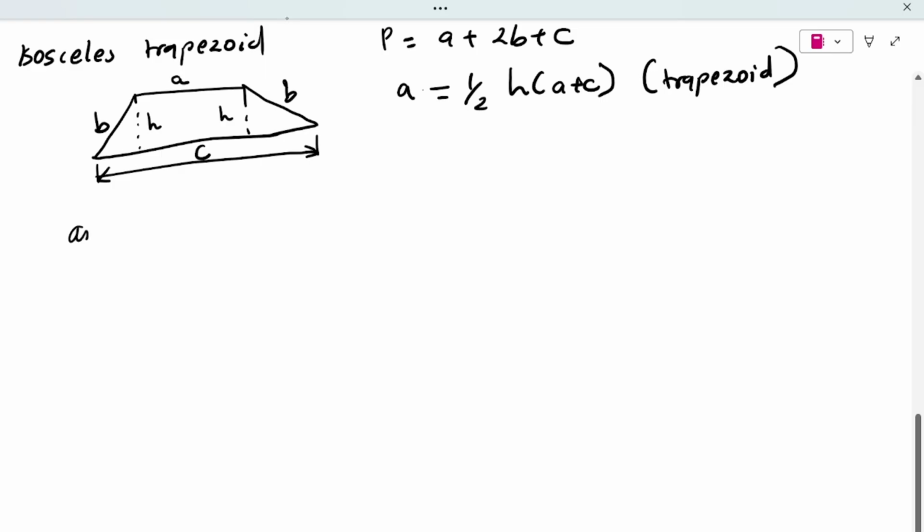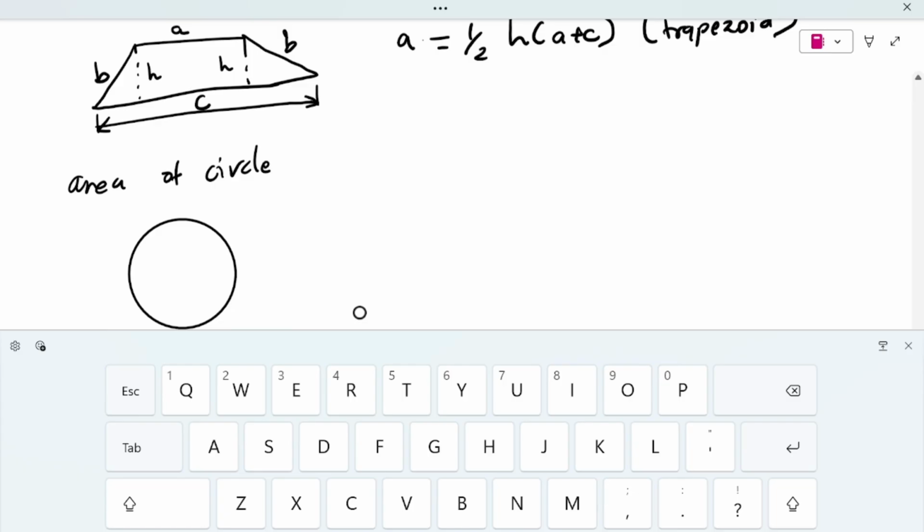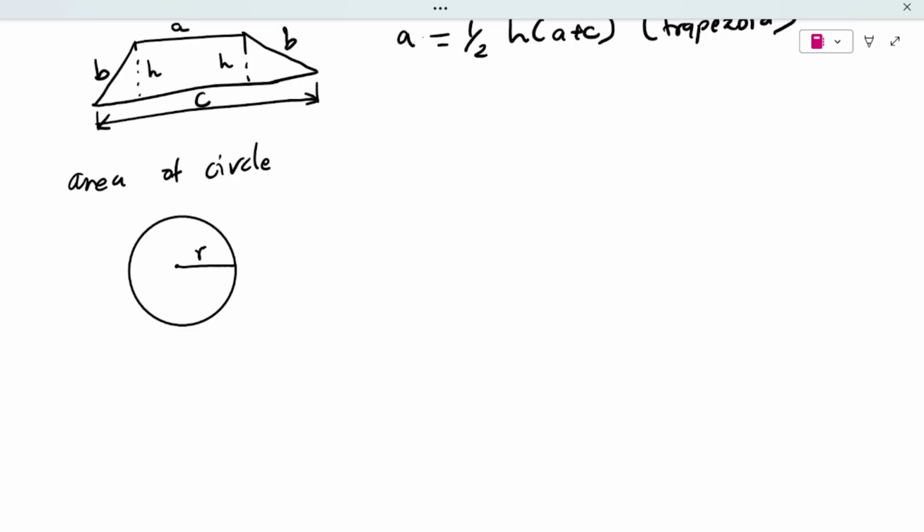Now the circle, as you know, the circle looks like this. No, this is not the circle. This looks like a potato. At least this looks like a circle. So a circle has a radius, and all of this is the diameter.